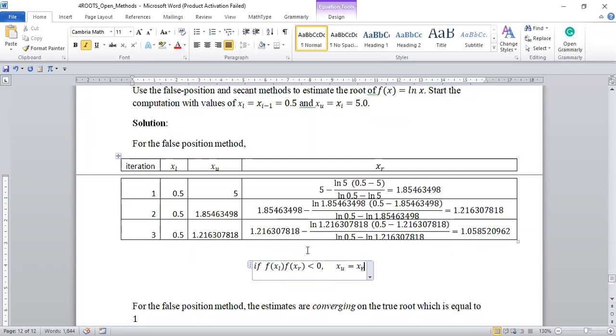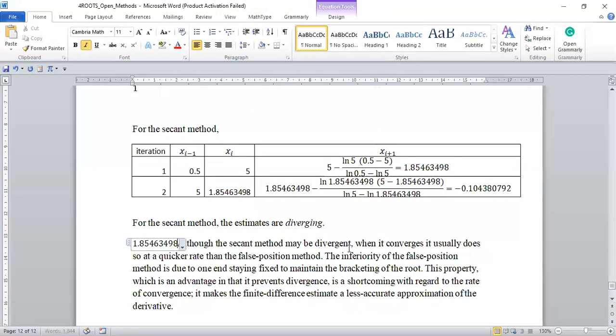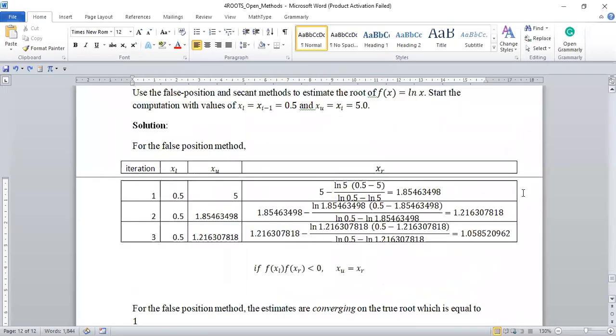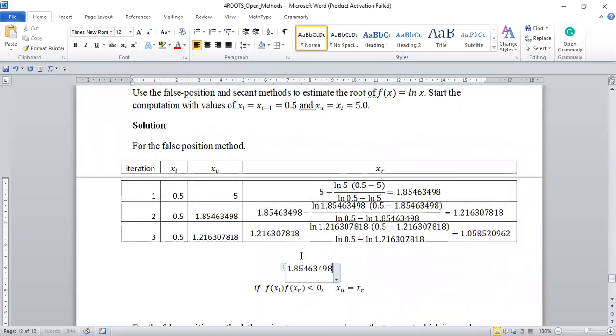So I skipped this evaluation. We're supposed to evaluate the function at this value, then evaluate the function at the lower limit, which is 0.5.